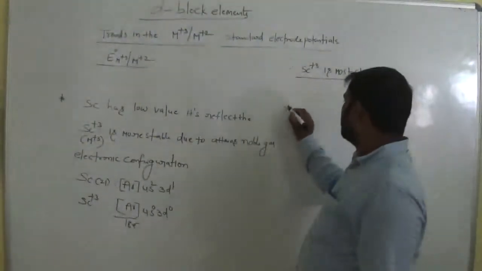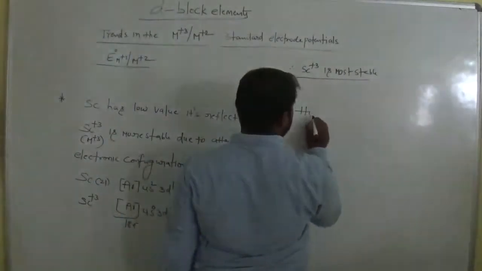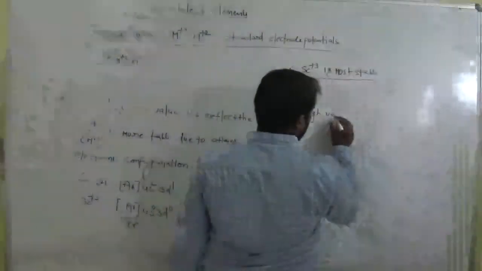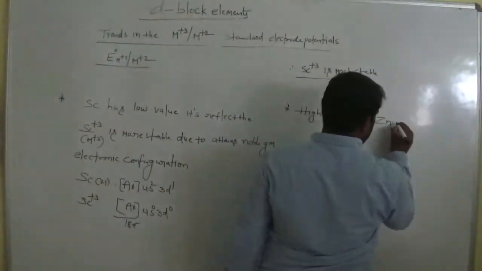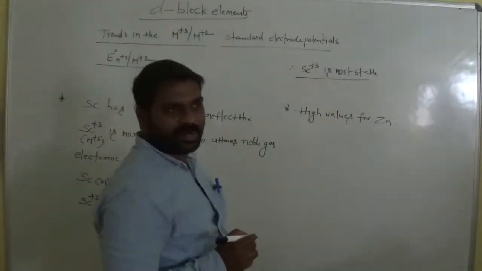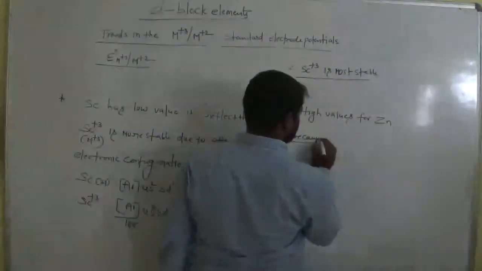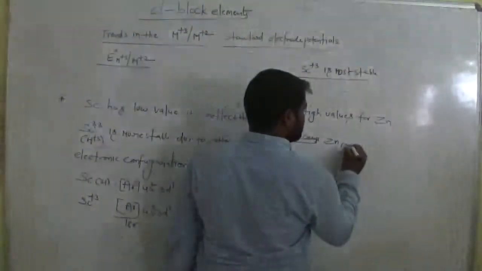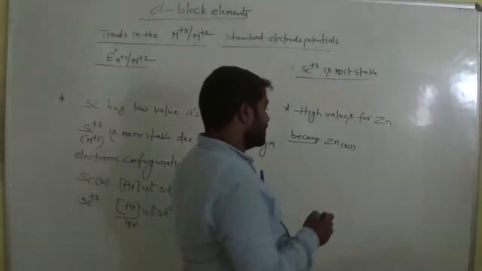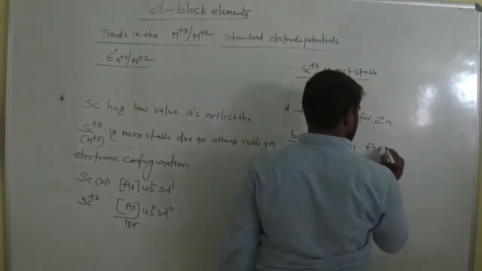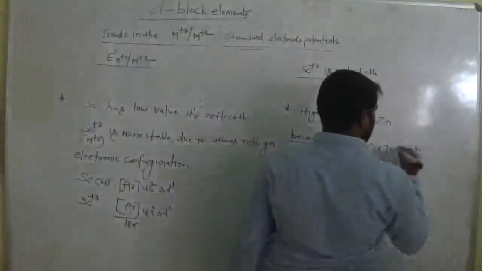And high values for zinc. That means high standard reduction potential values for zinc, because what is the electronic configuration of zinc here? That is argon 4s2 3d10, am I right?